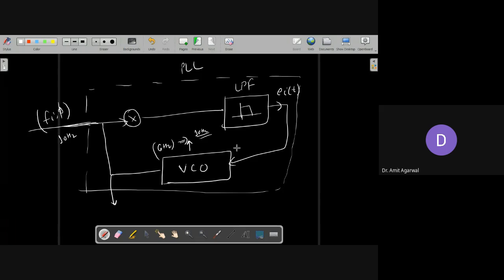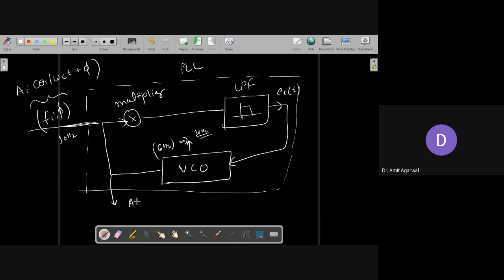I'm just giving a very broad level view, and in depth we'll study it in your principles of communication course, most probably. So this is a multiplier, this is a low pass filter, and this is a voltage controlled oscillator whose output would become the same as the input waveform.